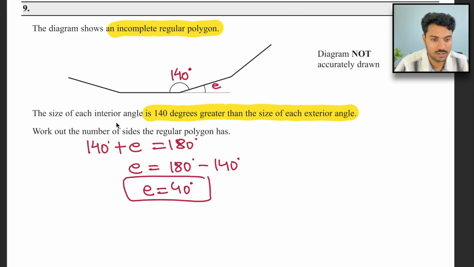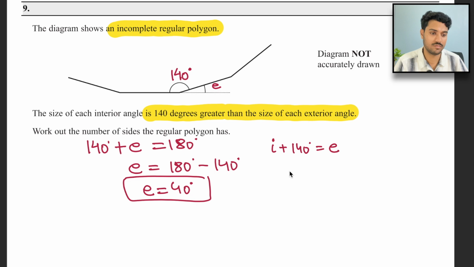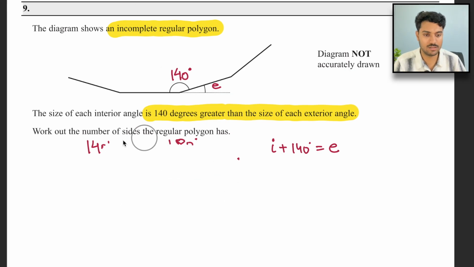It says the size of each interior angle is 140 degrees greater than the size of each exterior angle. Just a second. Let me check like this.